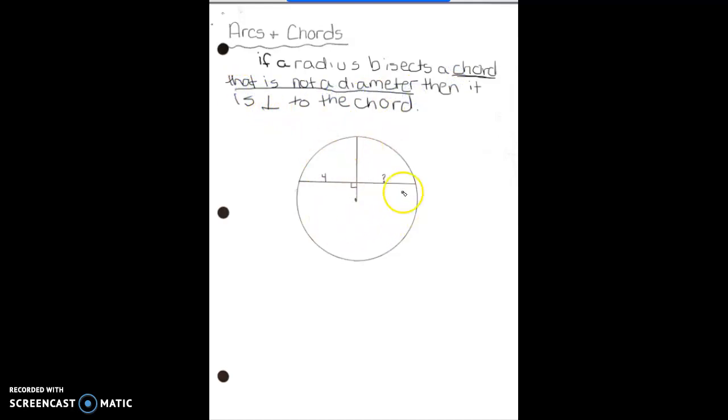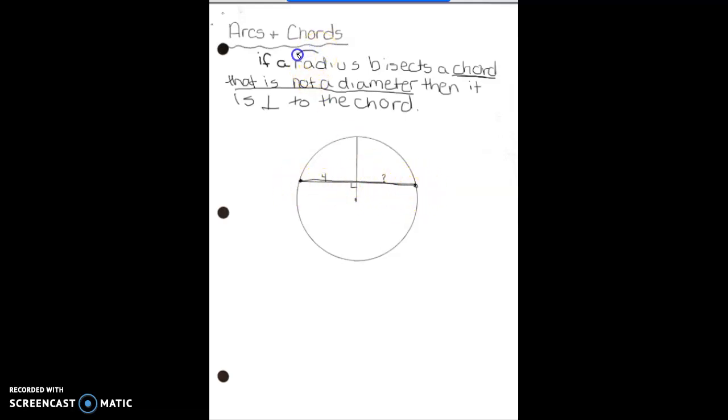So if you look at the picture, this guy right here, all the way across, is a chord, and it's not a diameter. How do I know it's not a diameter? Because it doesn't go through the center. So it has endpoints on the circle, right there, but it's not the diameter. So it's just a general chord.